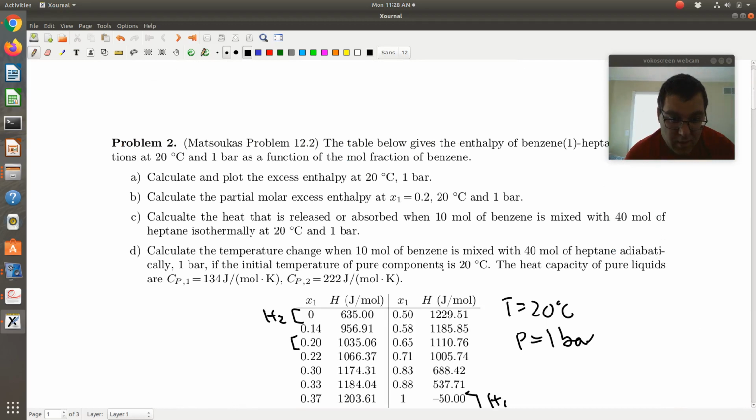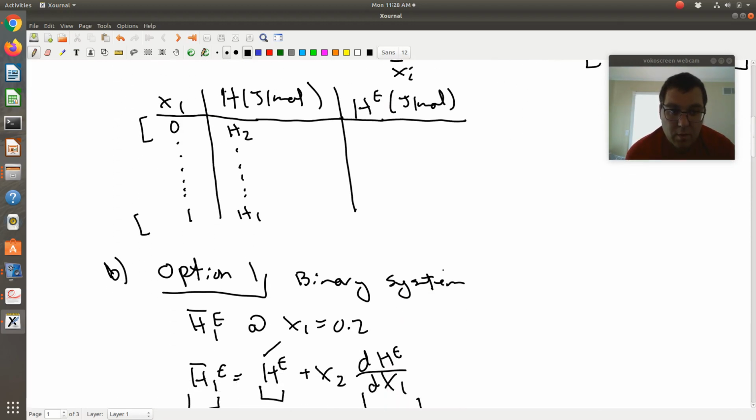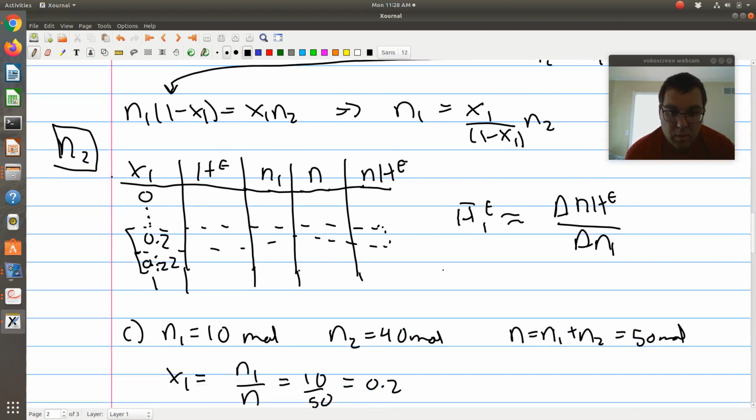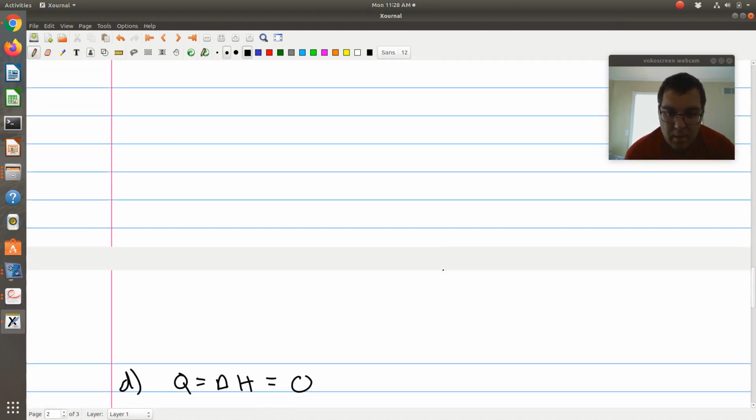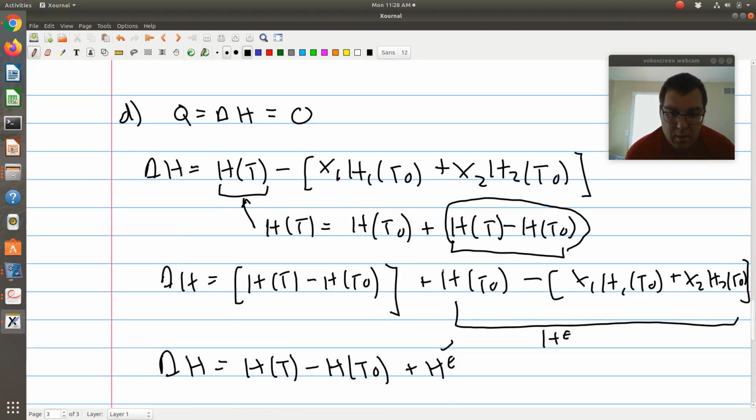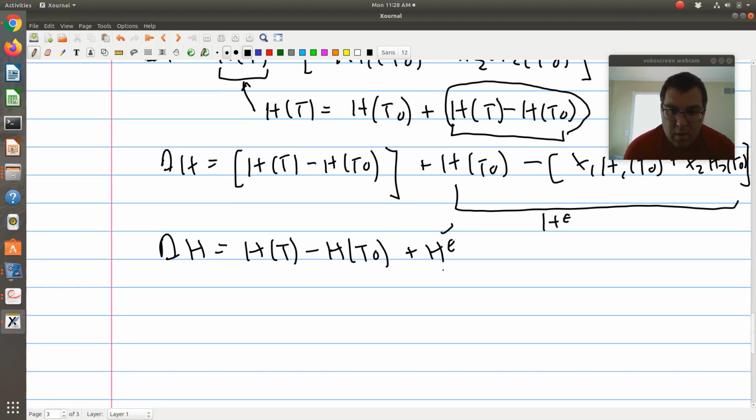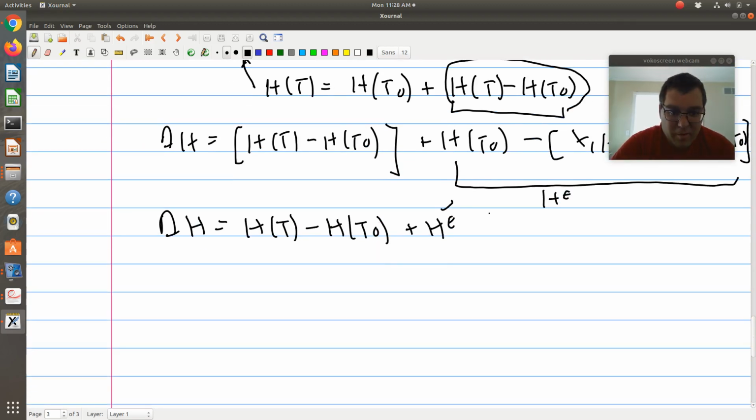We're given the heat capacity of our pure liquids. Remember, we're ultimately looking for when delta h is equal to 0. So h of t minus h of t naught. How the heck are we going to handle this?